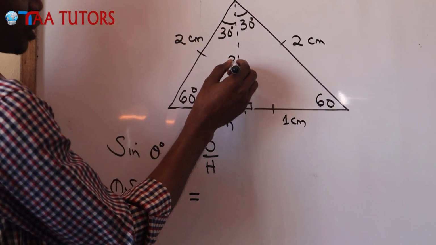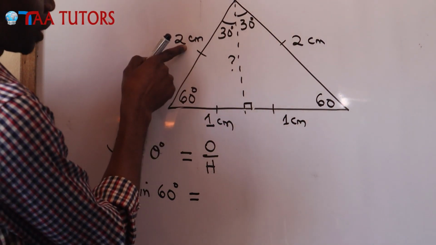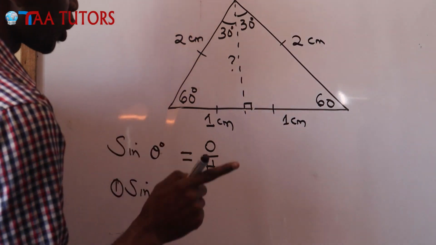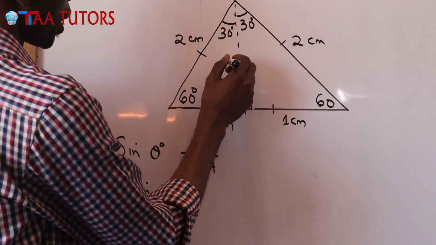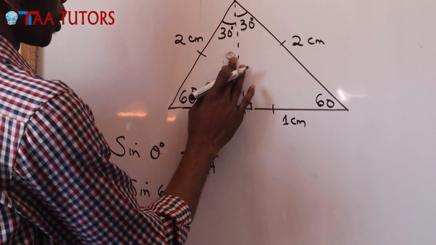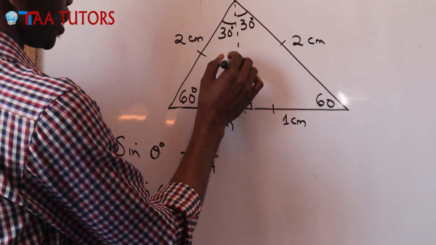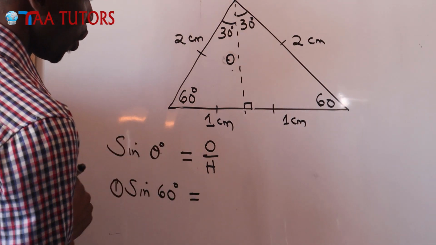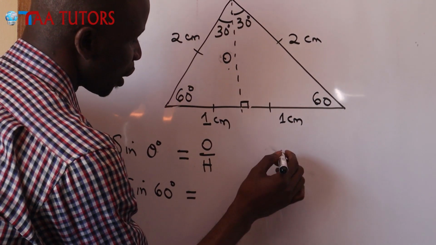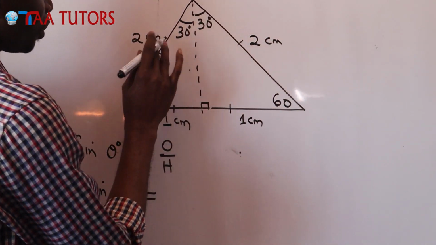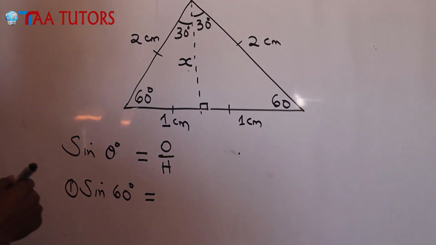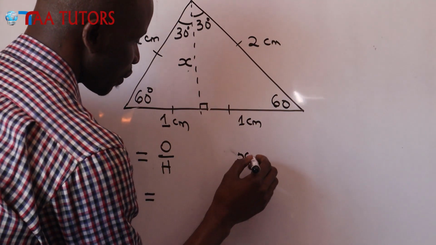But what is this opposite here? Knowing that we have this hypotenuse and we have this adjacent, we can get the opposite using Pythagoras theorem. Let me call it O. If I want to get O, someone may confuse it with 0, so let me use x, something very visible for us.